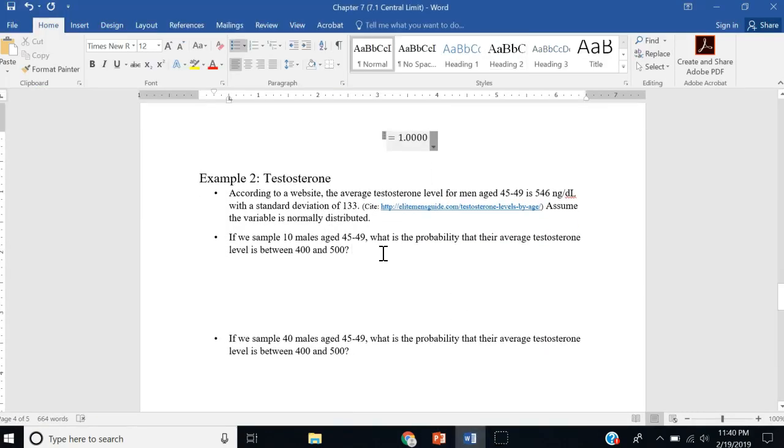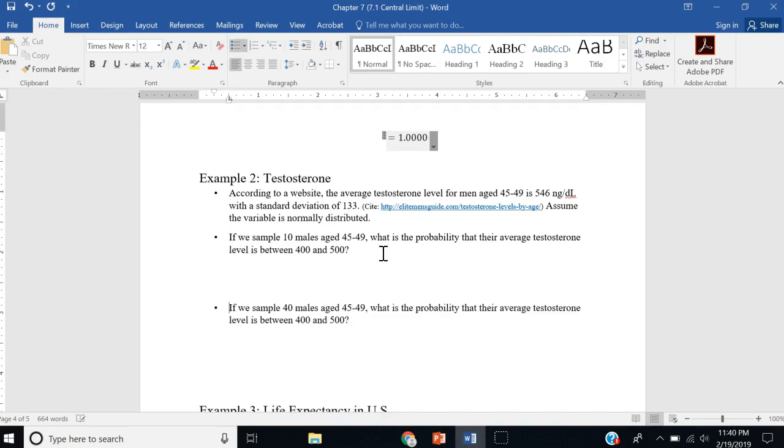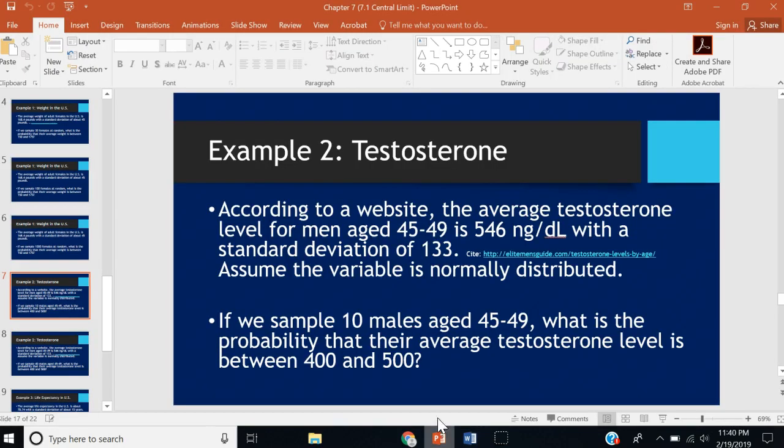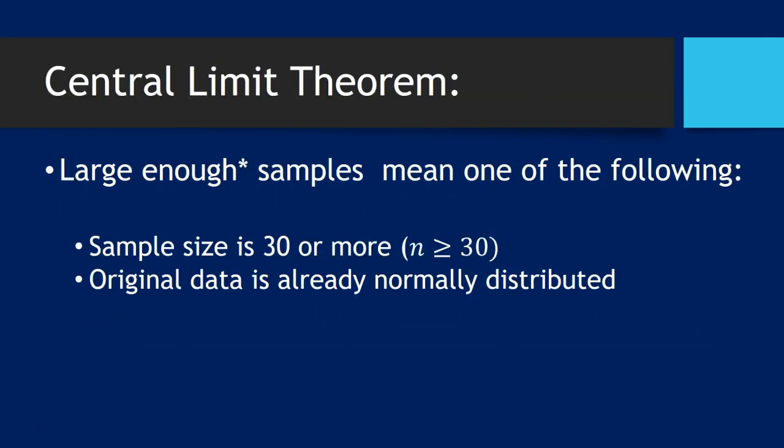So let's go ahead and do this. First off, you might say, we have 10 males. 10 is too few of a number because we know that our central limit theorem needs to have 30 or more to work, right?